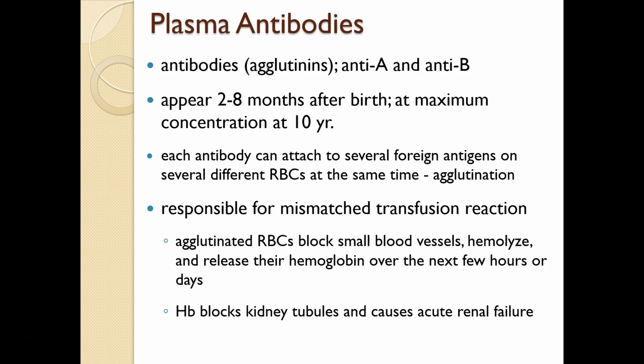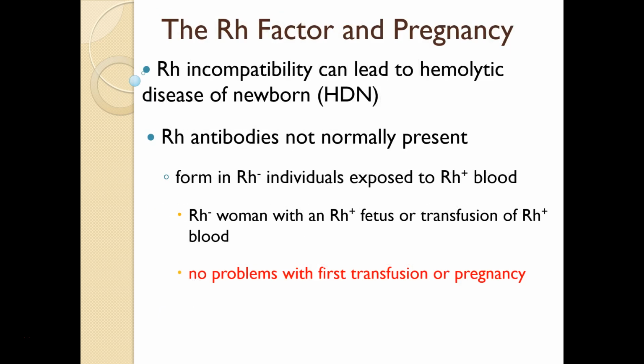Yeah, here it is. So the RH factor in pregnancy. RH incompatibility can lead to hemolytic disease of the newborn. That is one of the reasons that a pregnant mother has her blood type tested. RH antibodies are not normally present, so they don't come automatically like the anti-A and anti-B.